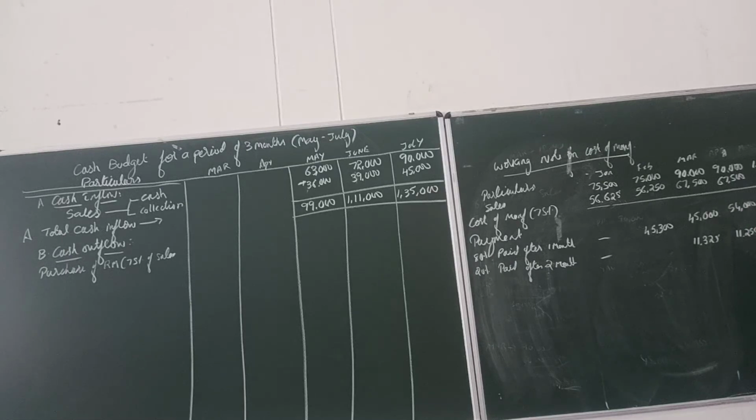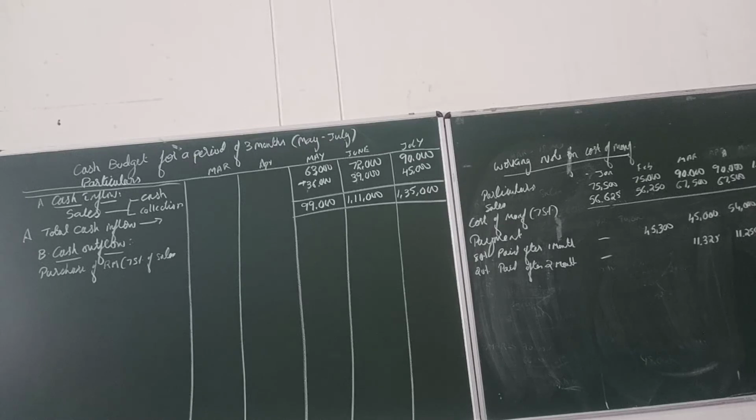54,000. Sorry, 54,000. Balance is 13,500. So again here it is 54,000 and then 13,500. So 78,750, 80%. So 78,750 which we are going to incur as manufacturing expenses will be paid in the month of June.